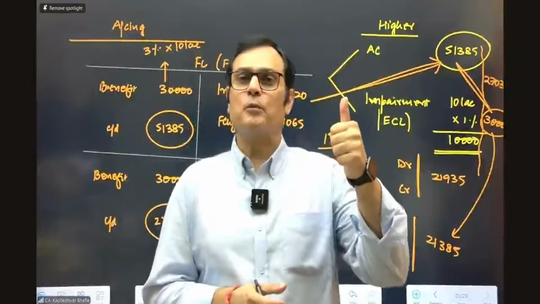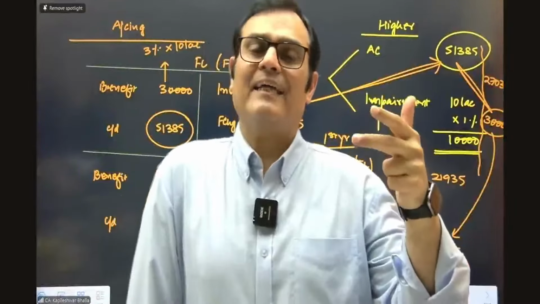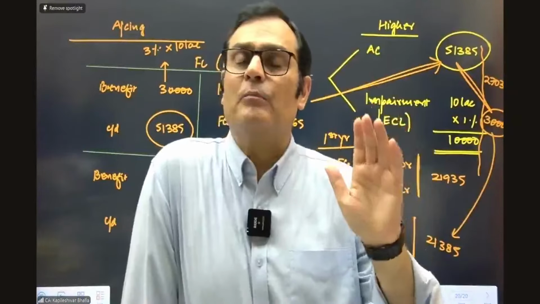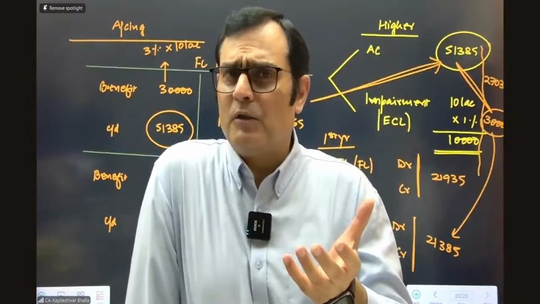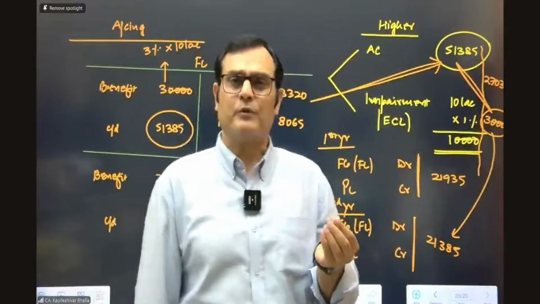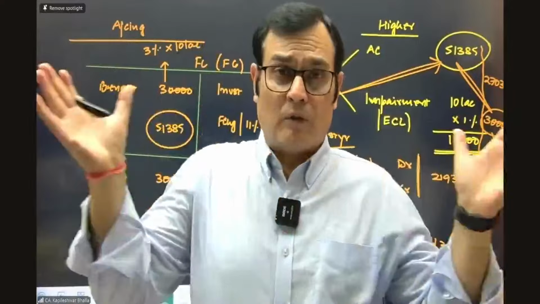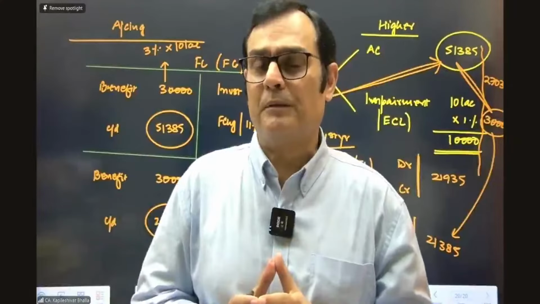You consider the exposure at default, multiply it with the loss given default and the probability of default, and if the time value of money becomes relevant, that is also taken. And it doesn't get tricky because all that information is very clearly given in the question. So I did not intentionally take questions on that area, so I think that questions can be done, but more or less we've tried to cover the maximum in terms of all the technical issues and impairment.